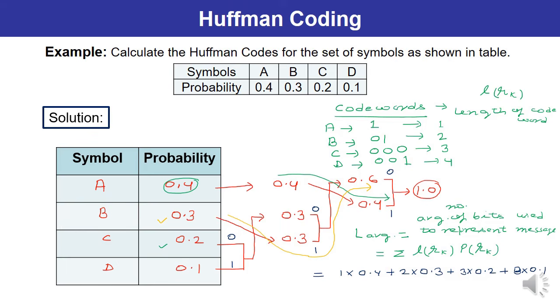See here, you must correct it. This is 3 bit long, 001. So L average will be 1.9 bits per symbol. So this is how you can calculate the average number of bits which is required for this particular message. So I hope now it must be clear to you.